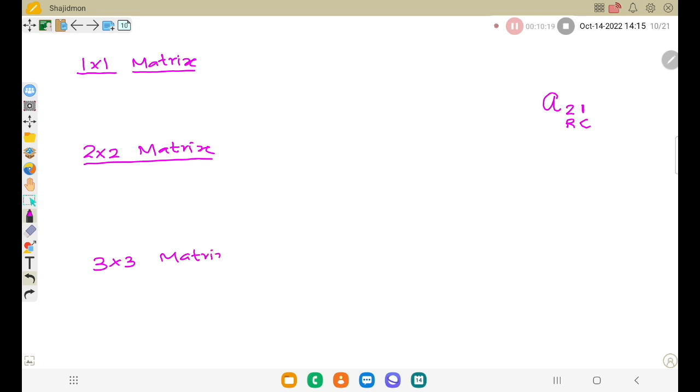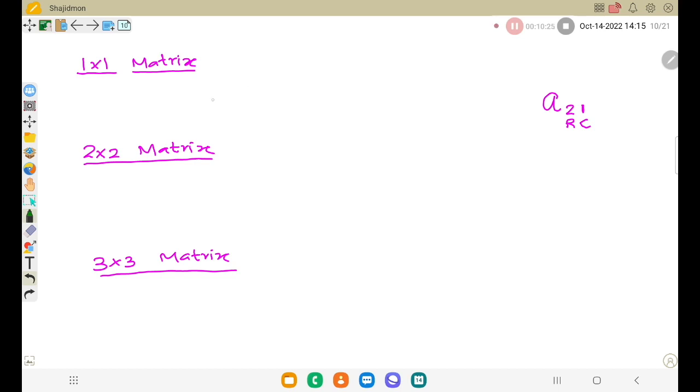Now, I am just writing 3 cases here for your understanding: 1 by 1 matrix, 2 by 2 matrix, and 3 by 3 matrix. I want to write generally how we can write these 3 matrices.